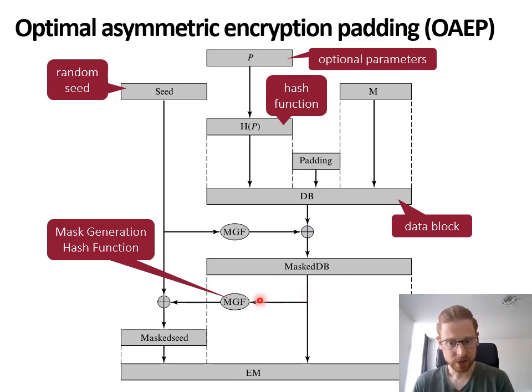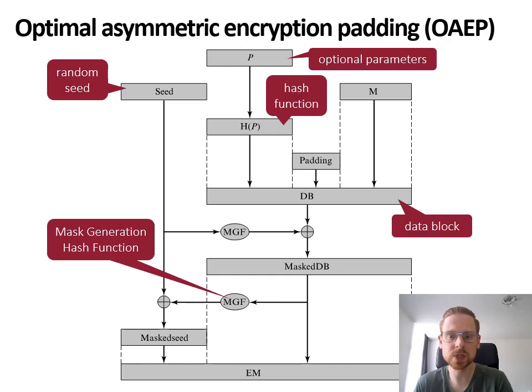The masked DB value is also sent through this mask generation hash function and XORed with the seed to create the masked seed. The masked seed and the masked data block are then combined into EM. EM is then the final data block that is used as input to RSA.